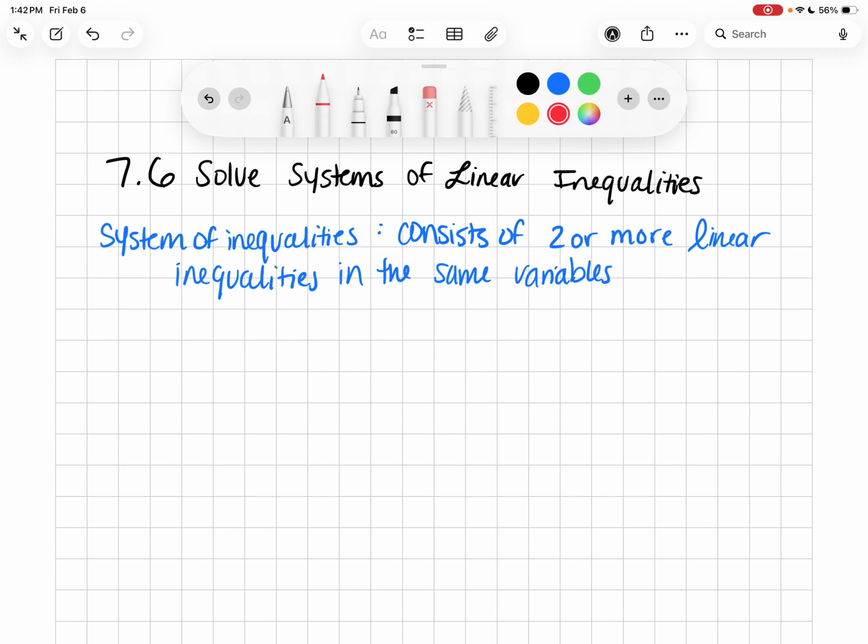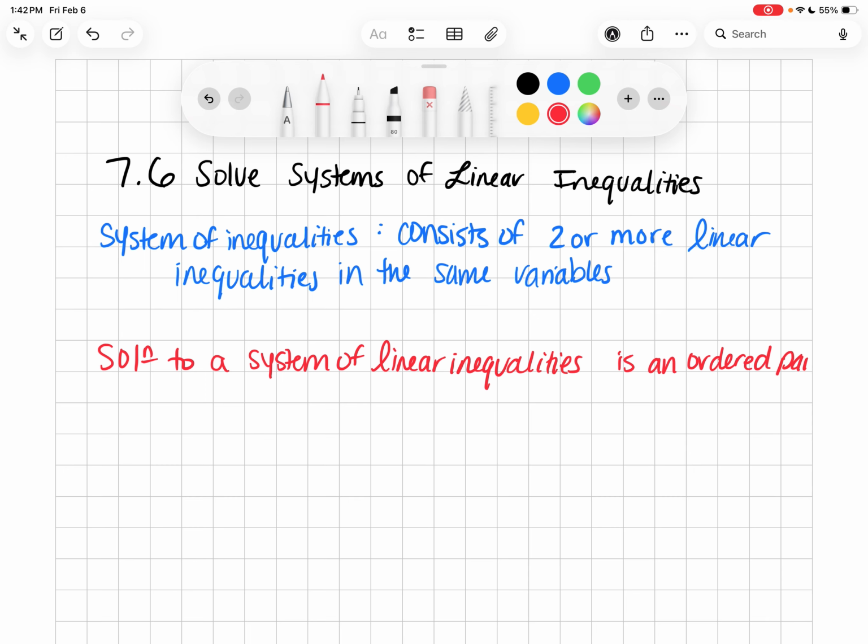All right. The solution to a system of linear inequalities is an ordered pair that is a solution of both.